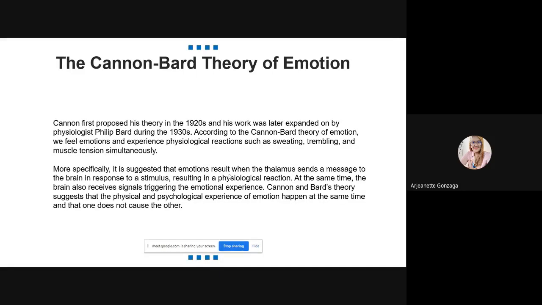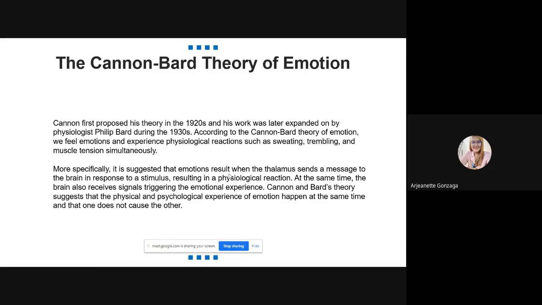Okay, so next we have the Cannon-Bard theory of emotion. So, ang Cannon-Bard theory of emotion is also another well-known physiological theory ni Cannon-Bard. So, si Walter Cannon disagreed with the James-Lange theory.